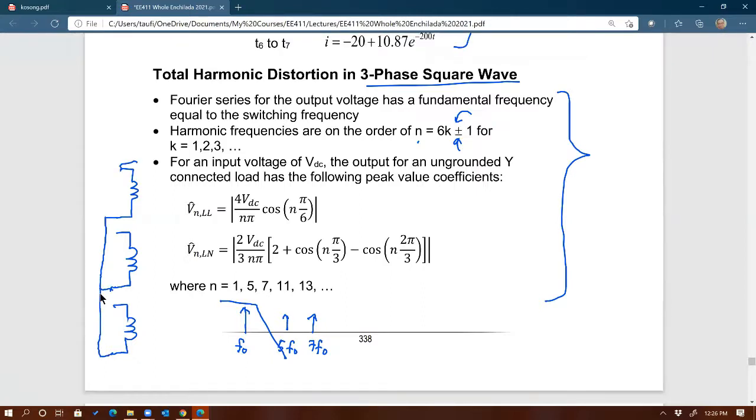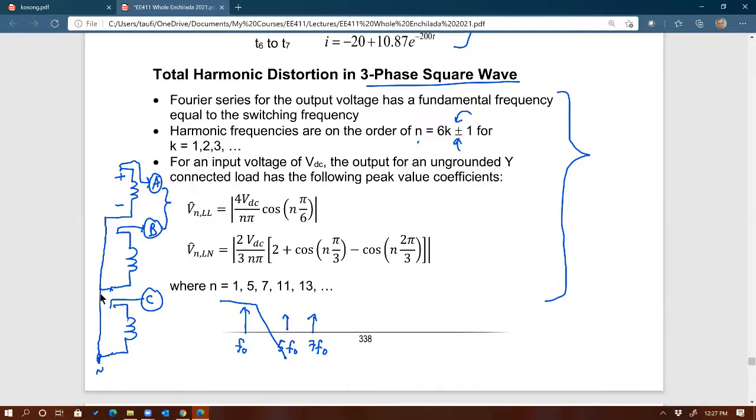So this goes to phase A, this goes to phase B, and this goes to phase C. And here's the common point right there. Let's call it neutral. And you can see that we have 2 different voltages. We have phase to neutral, and then we have line to line, or phase to phase.